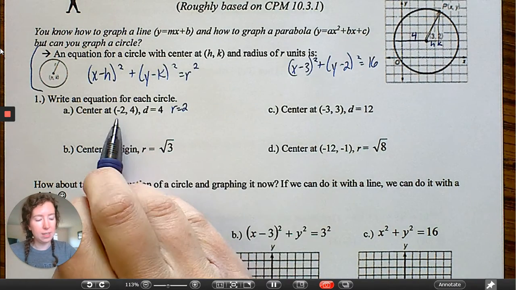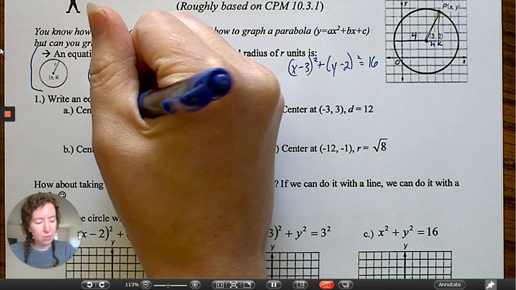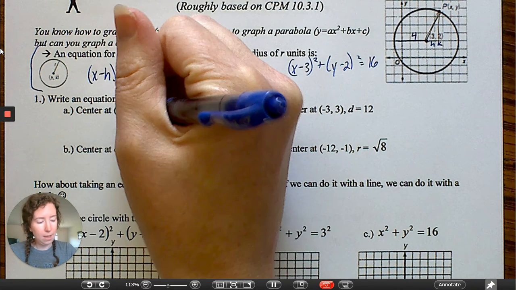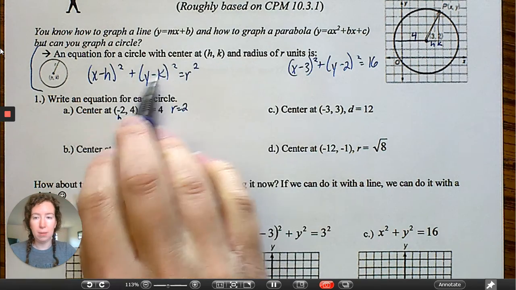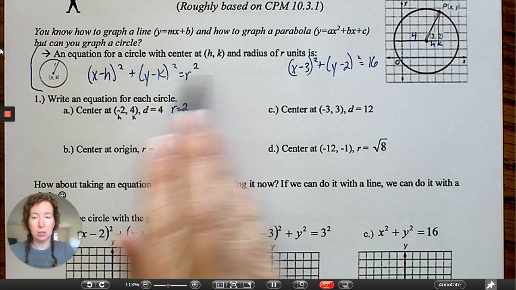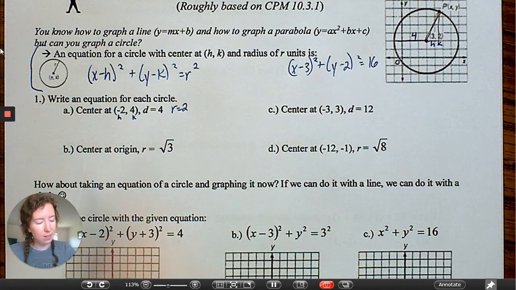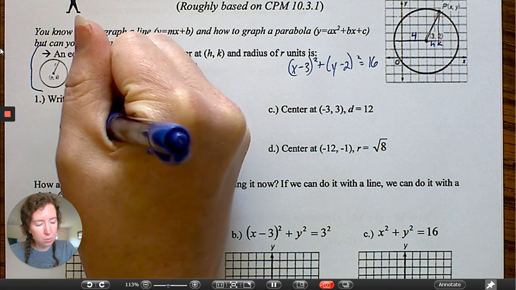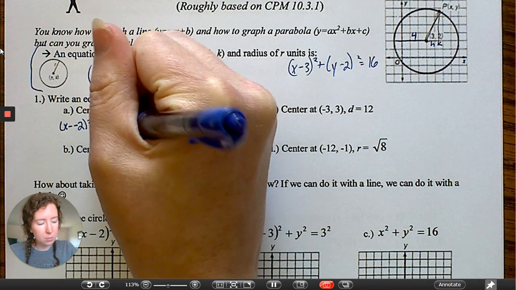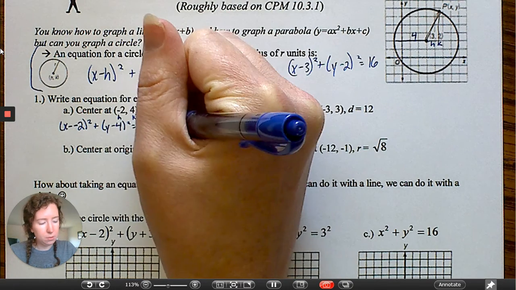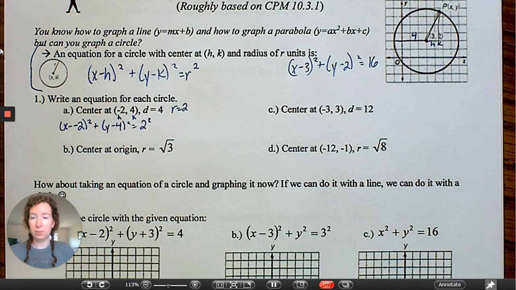So let's plug this in. -2 is going to be my h value. 4 is going to be my k value. And I'm simply going to substitute them in up here. All these values are going to get substituted in. And then I'm going to simplify just a tad. So I've got x minus -2 squared plus y minus 4 squared equals 2 squared.